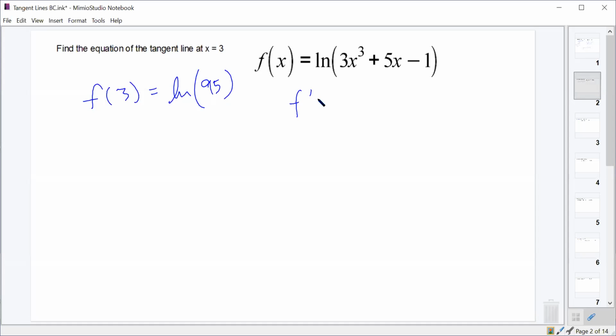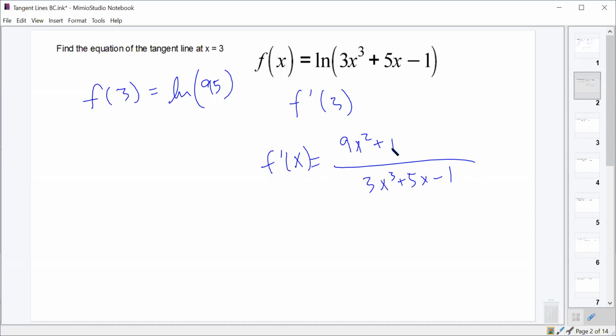And we need to find f prime of 3. So f prime of x is what? 1 over 3x cubed plus 5x minus 1 times the derivative of 3x cubed plus 5x minus 1, which ought to be what? 9x squared plus 5. And if we evaluate that at 3, what do we get? Ought to be 86 over 95.